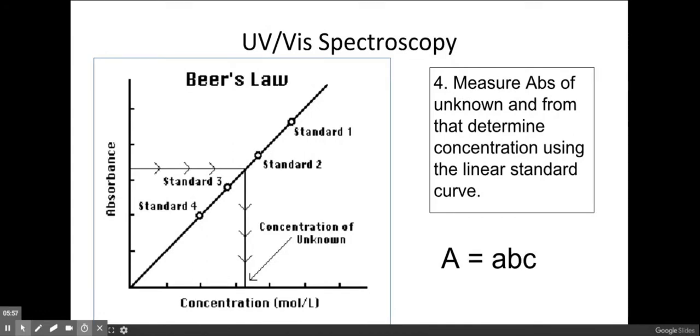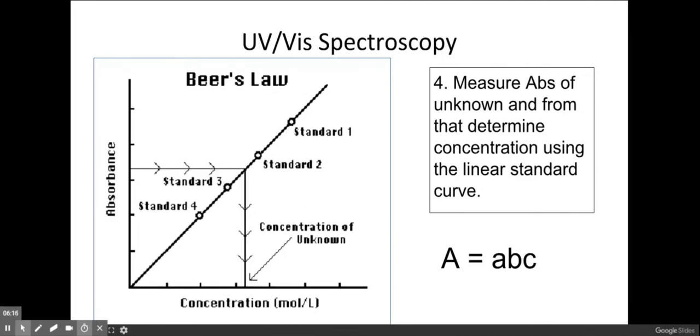It's the width of your cuvette. So these two, a and b, are constants typically, and then c stands for concentration. So you can see that absorbance and concentration are directly proportional to each other, and a and b are our proportionality constants.